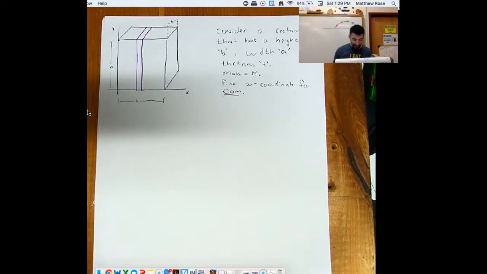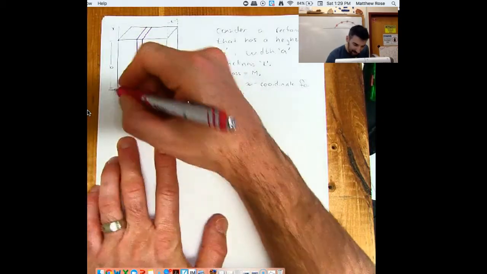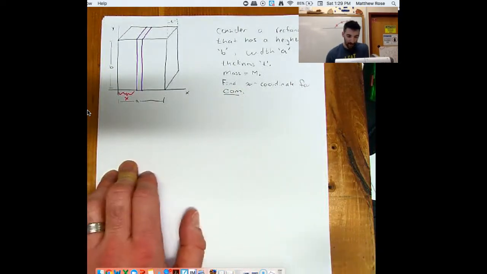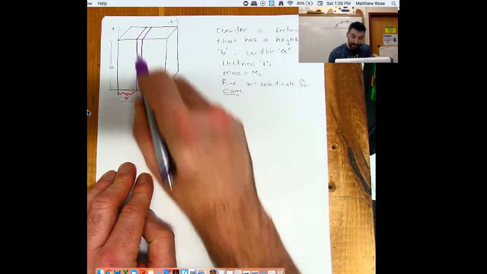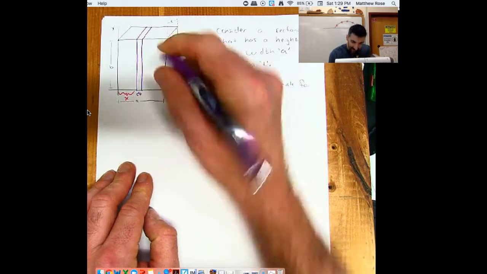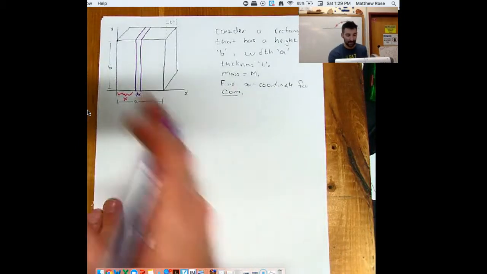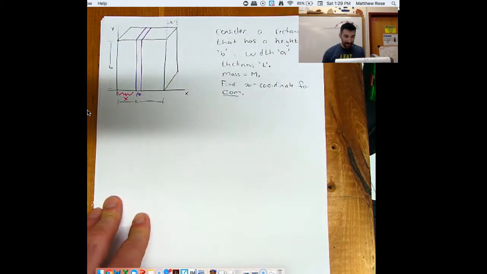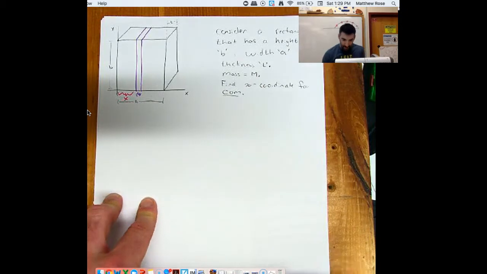So things that I'm going to start to define, right? I know I'm going to use this volumetric density. I guess I'm going to start with this. I'm going to say this portion that I can label dx is moving about the x-axis. That's what we're going to sum this whole thing up over, right? I know that I have some volumetric mass density.